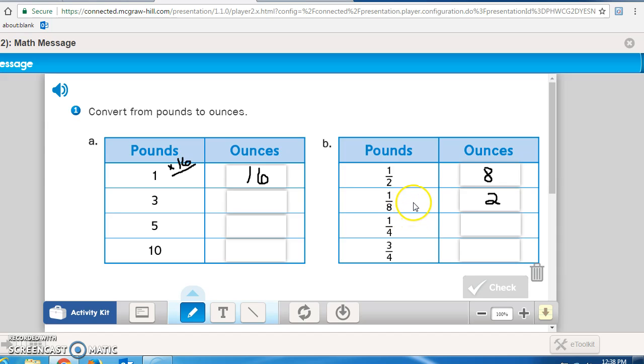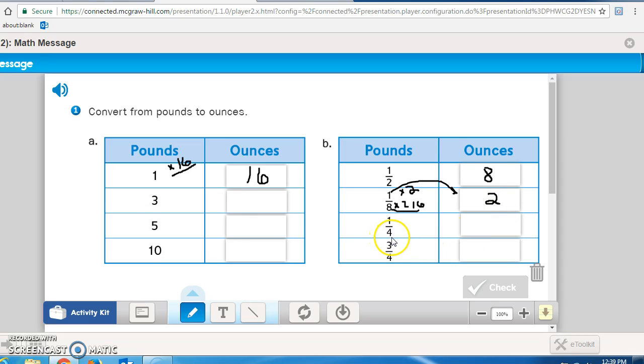So how would I do that? Well, if it's 16 ounces that I need to get, how does 8 become 16? Times 2. So what do I do to the numerator? I also times that by 2. So 1 times 2 is 2.